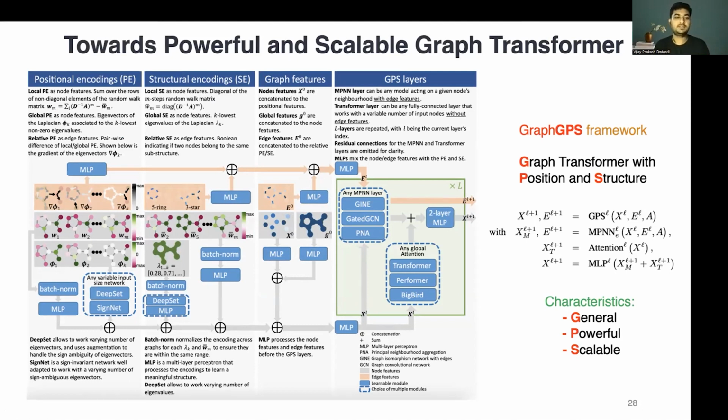So at the input, the positional and structure encoding modules can be switched off or switched on for certain kinds of methods, depending on what the tasks are. And then we have the input graph features, where we integrate the feature vectors available for the nodes and edges. So this is something that we integrate there.